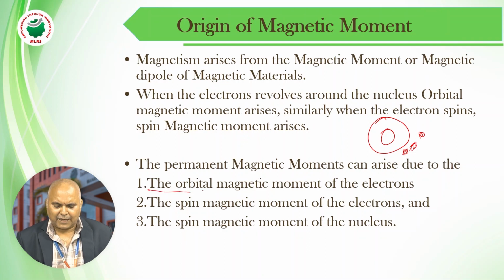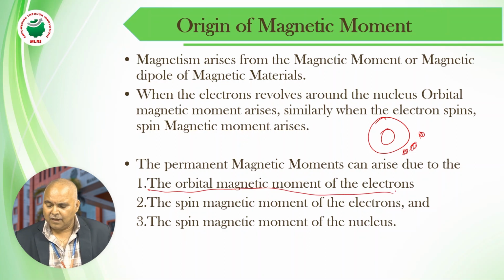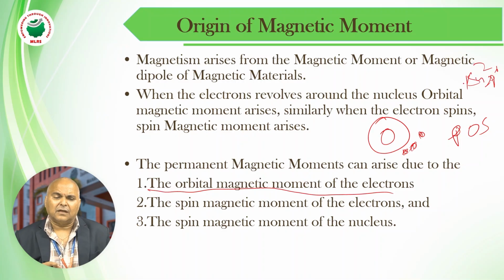Usually there is the orbital magnetic moment, with p orbital, s orbital, and so on. For oxygen, there is a p orbital and an s orbital, 1s2 and 2p6. When these orbitals are arranged in a magnetic field, that type of magnetic moment also occurs, due to orbital magnetic moments.